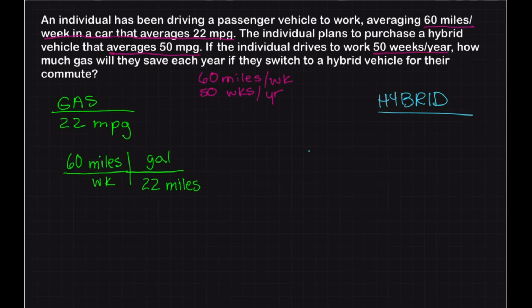The way I decided to do this is 60 divided by 22, because that would be how many gallons a week. But I was also able to figure it out because miles are going to cross out, and then I'm going to have gallons per week here. So I like doing this dimensional analysis, because the units help me make sure that I'm getting the right answer.